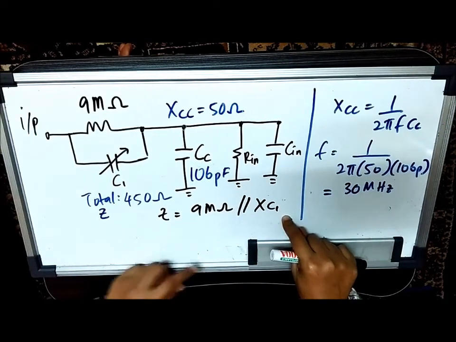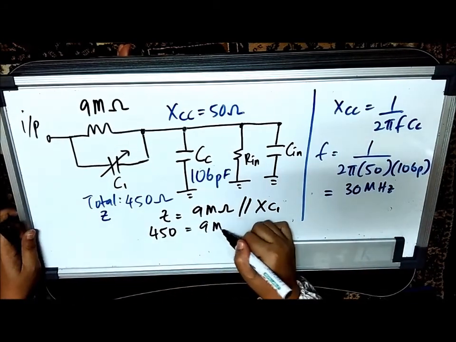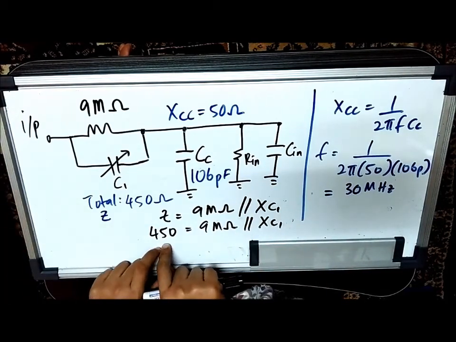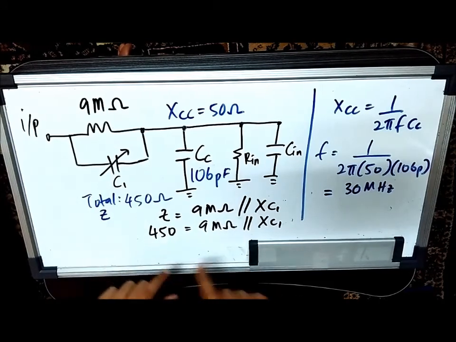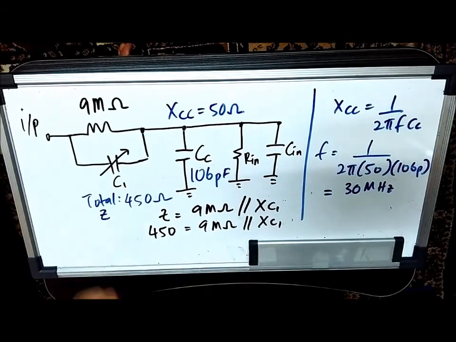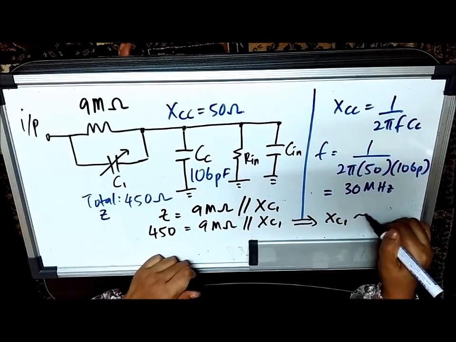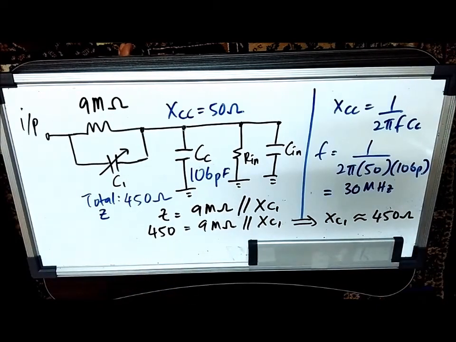Okay, so you can see here, the answer is 450 ohm. 9 mega ohm in parallel with XC1. So this value is very, very small compared to this 9 mega ohm. So I can safely say that XC1 is approximately equal to 450 ohm. So this will save you time.